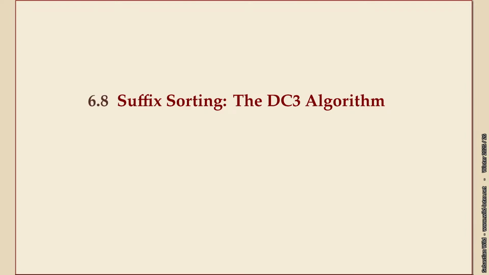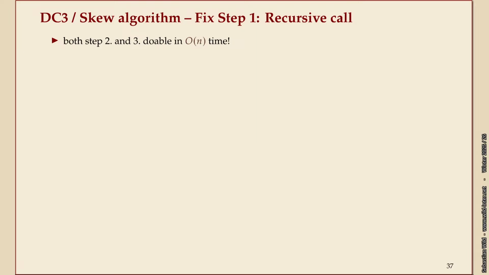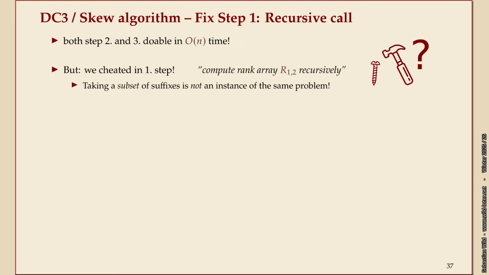Now what's left to say is that, oops, we cheated a bit, at least conceptually. There's different ways to solve this, but I think the narrative here makes this very clear. If you remember what the algorithm said, it said recursively sort the suffixes that start at these indices not a multiple of 3, R12.